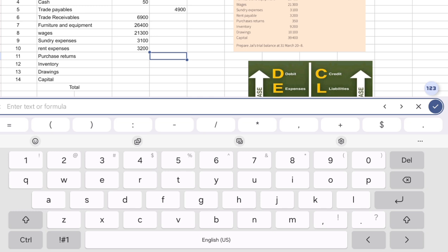You return those goods back to the supplier. This is called purchase return. Since purchase return reduces our purchases, it has a credit balance, so it is recorded on the credit side of the trial balance. So we can enter it here.